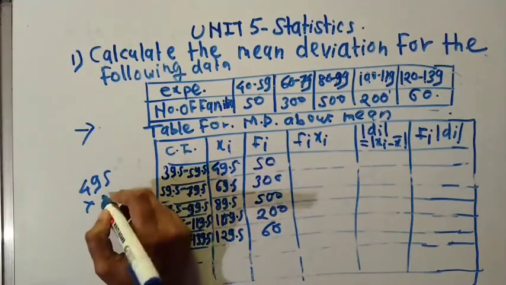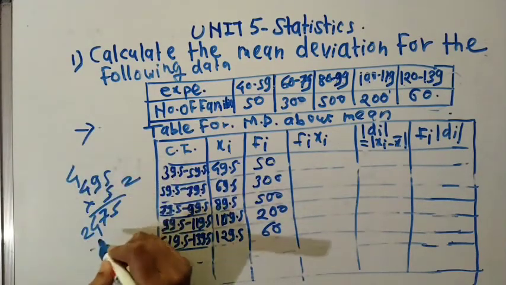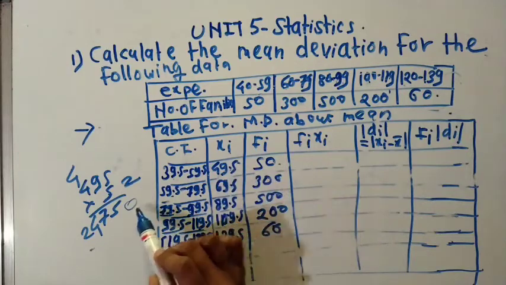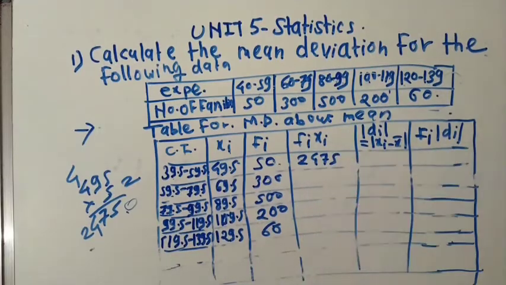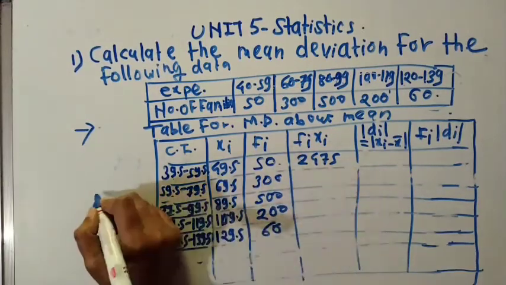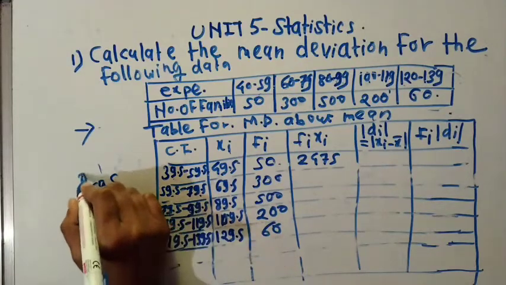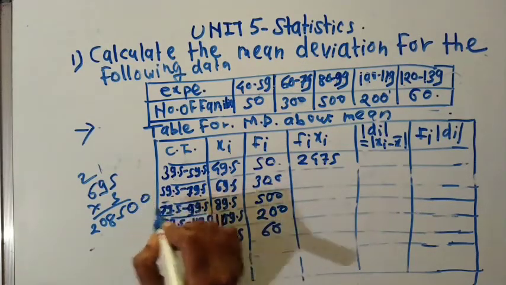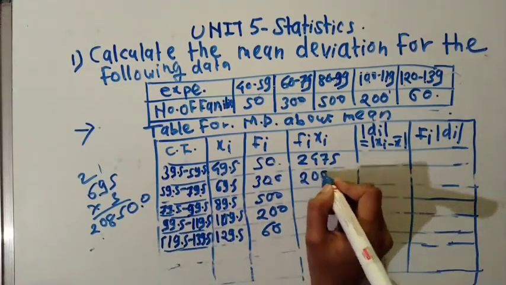Then fi into xi means this multiplication. 49.5 into 50 is 2475. Then take this multiplication, 69.5 into 300, is 20,850.